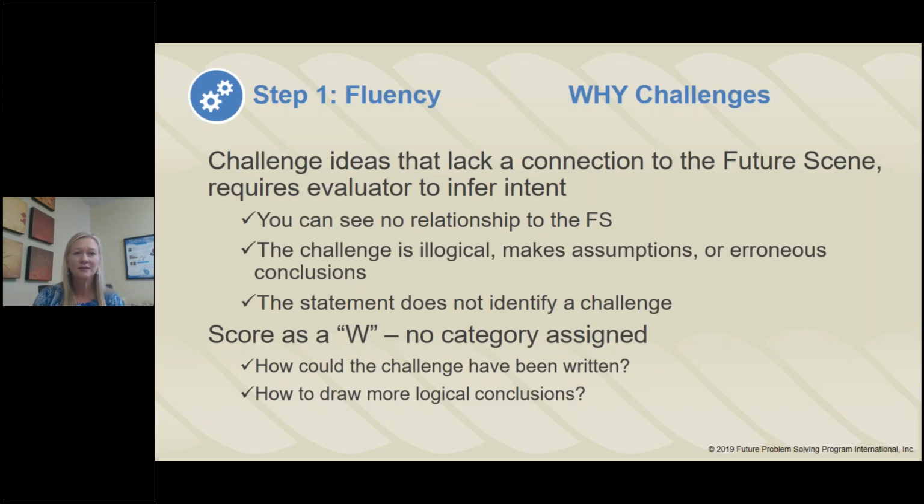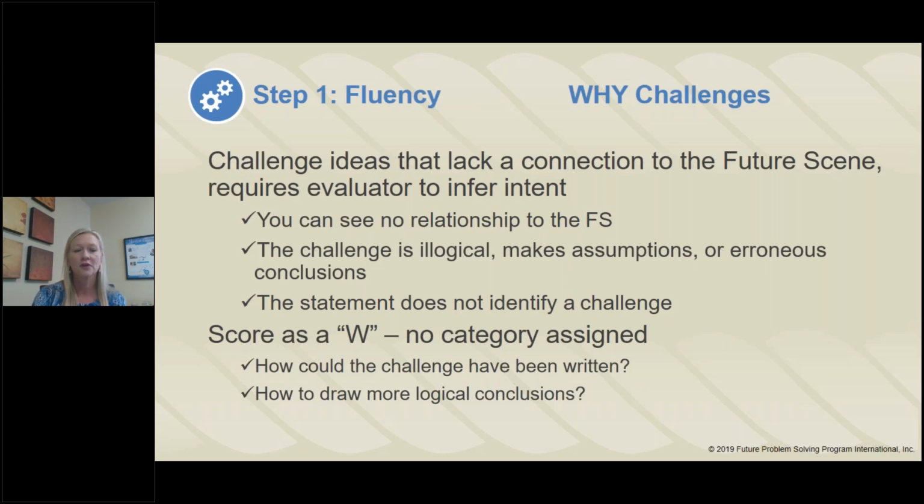It makes some assumptions, some really big leaps in connections, and there might be some conclusions that are in error. This statement would not identify a challenge, so it would be scored as a W. And again, because it's not a yes challenge, it would not be assigned a category.